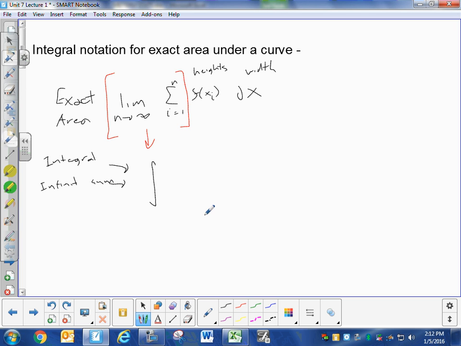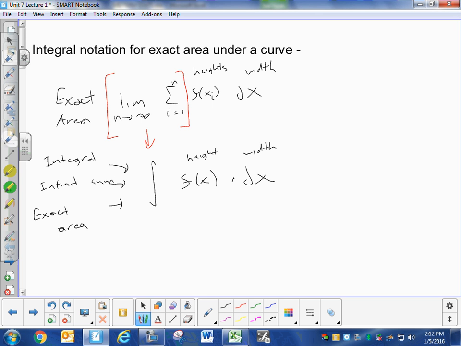In this situation, since we're using it to find the exact area, we're going to take an infinite sum of heights times widths. And now that we have these heights and these widths, this integral with f of x and dx in it becomes the exact area. That's another meaning to it.